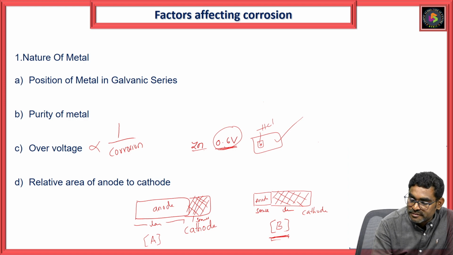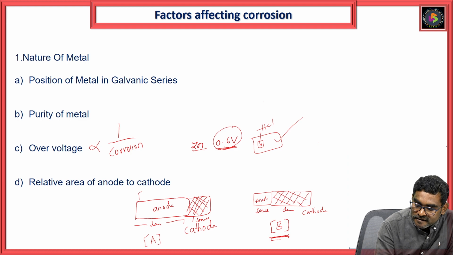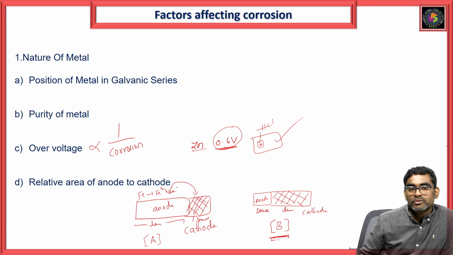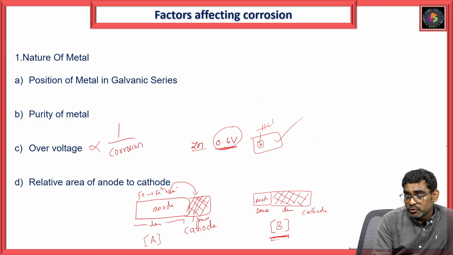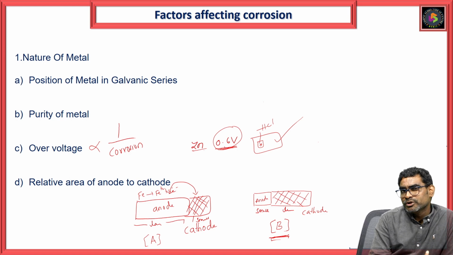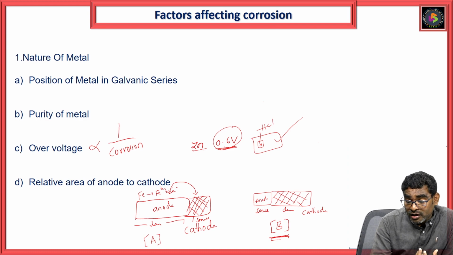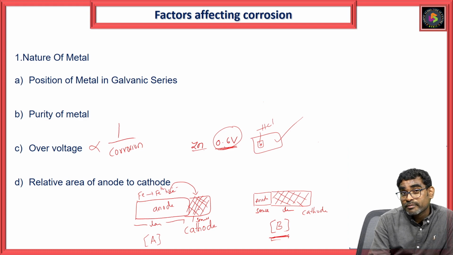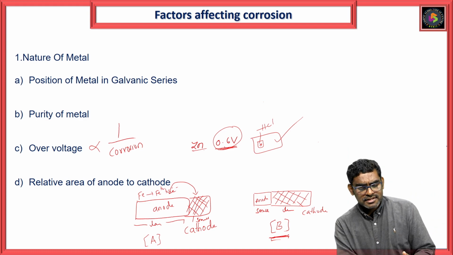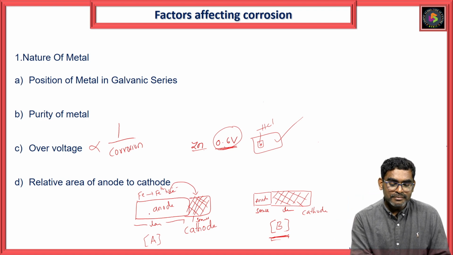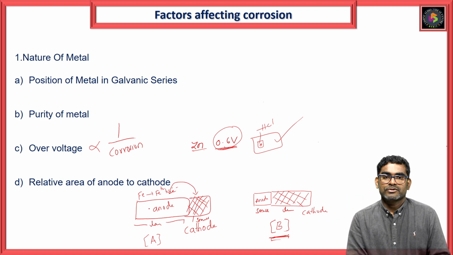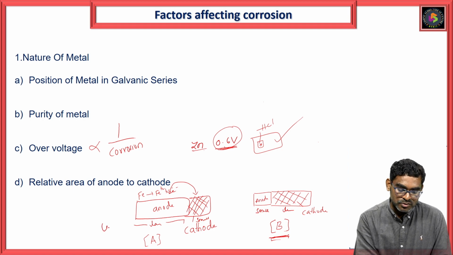Suppose it is iron, this iron wants to give some electrons: Fe gives Fe2+ plus 2 electrons. Whatever 2 electrons are generated reach the cathode. But here, the large anode area is ready to give electrons, but there is not a sufficient electron absorbing mechanism. So obviously the load on the metal is less, so it undergoes less corrosion.